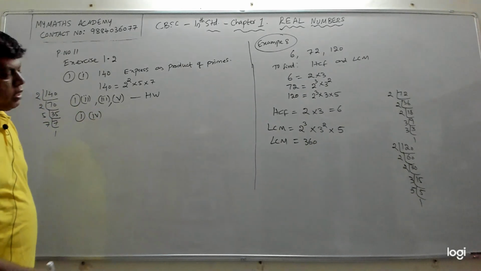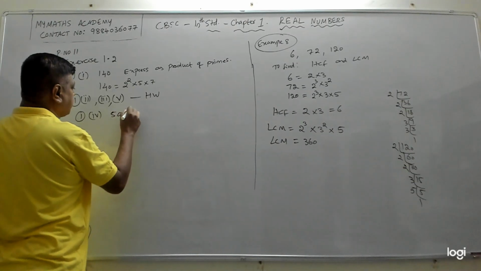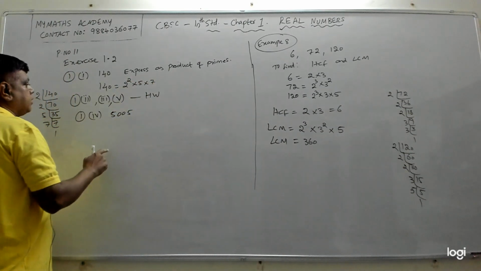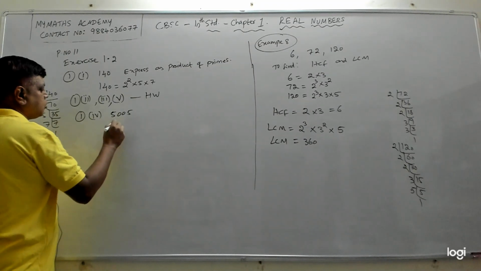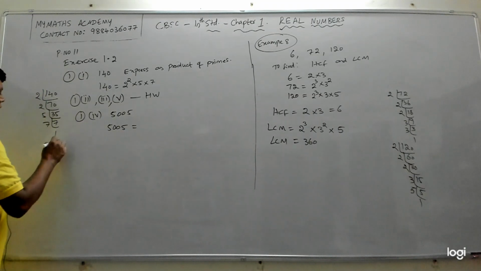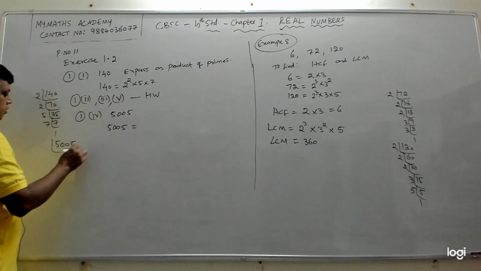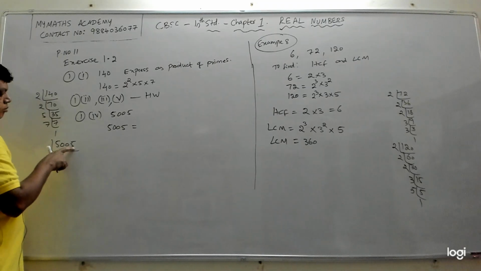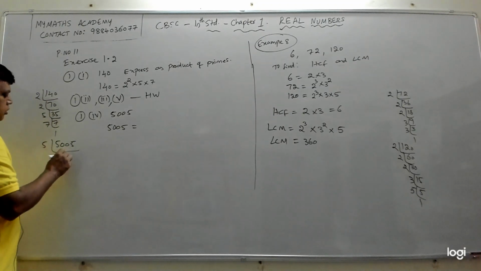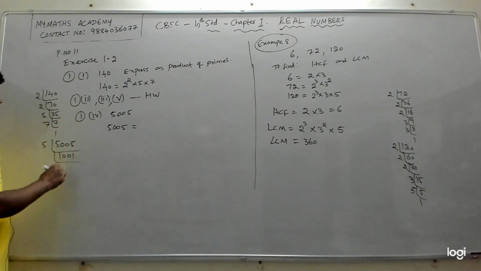Fourth one is what? 5005. You have to express this as a product of primes. Same question. So 5005: it will not go in 2, it will not go in 3, it will not go in 4. 5 only it will go, giving 1001.